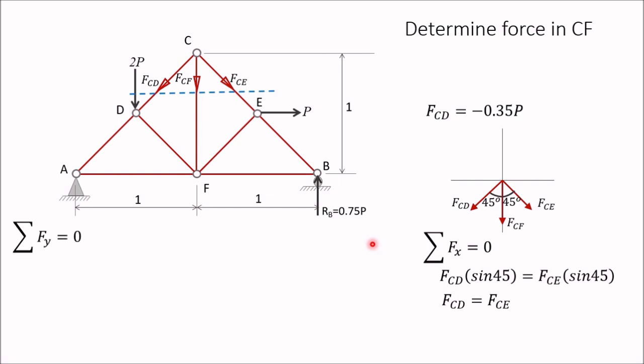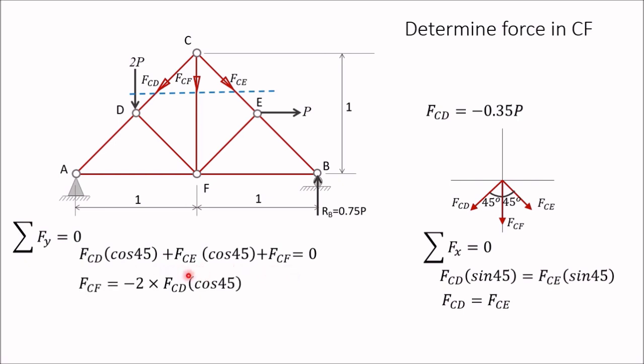Now apply sigma Fy equal to 0. FCD cos 45, FCE cos 45 and FCF, all these three are in the same direction, so I have used the same sign: FCD cos 45 plus FCE cos 45 plus FCF is equal to 0. So FCF is equal to minus 2 times FCD cos 45, replacing FCE by FCD since they are the same. Now the value of FCD is minus 0.35P.